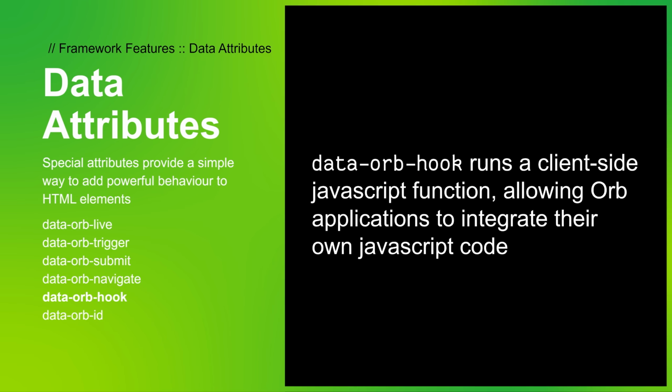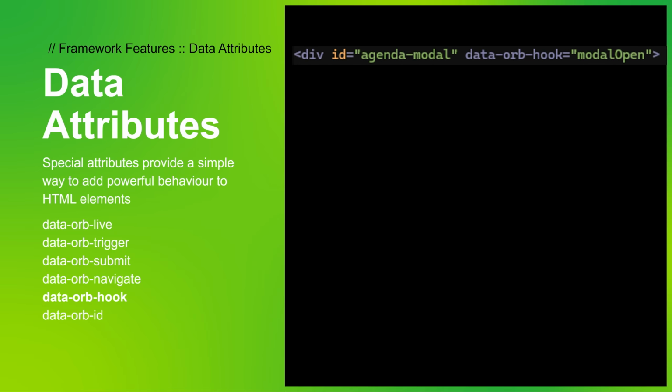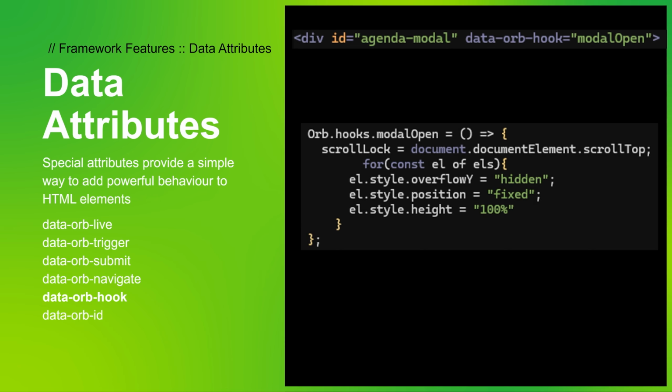The orb hook attribute makes it possible to run client-side JavaScript in response to an action taken via orb. For example, this element declares an orb hook targeting the function modal open. That function should be created in JavaScript, such as this, as a member of the orb.hooks object.